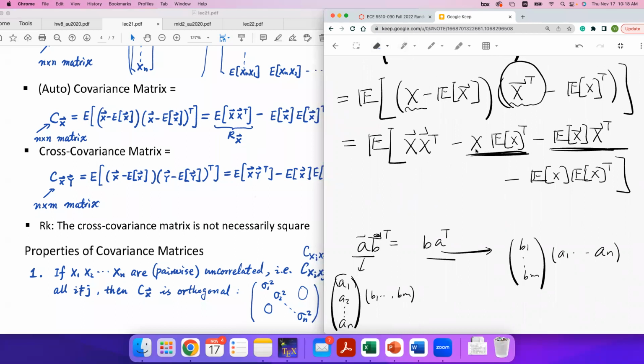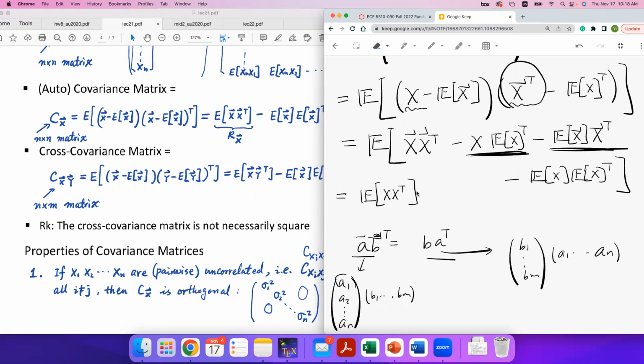But in the end, there's still another expectation outside. So by the linearity of expectation, you can just apply it to each term. Sometimes I will ignore this arrow for simplicity, assuming that everything here is now a vector, okay? X transpose.